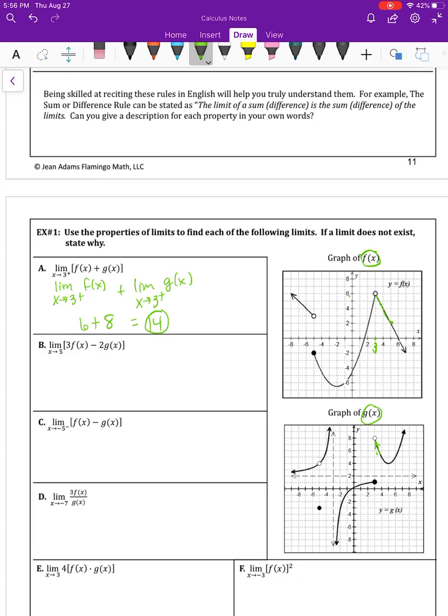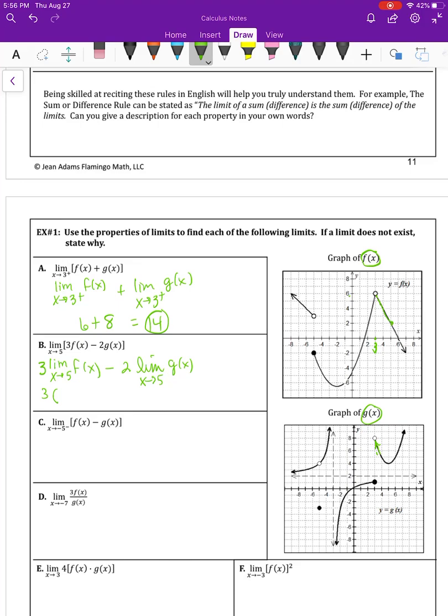This one, we are going to split them up and pull the constant out in front. So I'm going to pull that constant out in front, 2 times the limit as x approaches 5 of g of x. So I've got 3 times. Now I go to f of x, and I'm approaching 5.